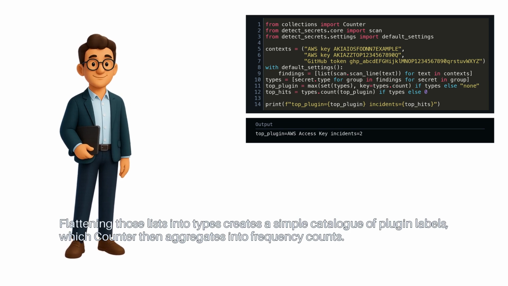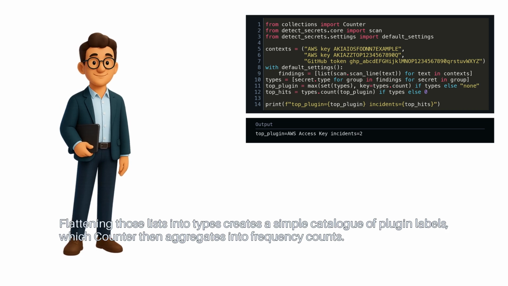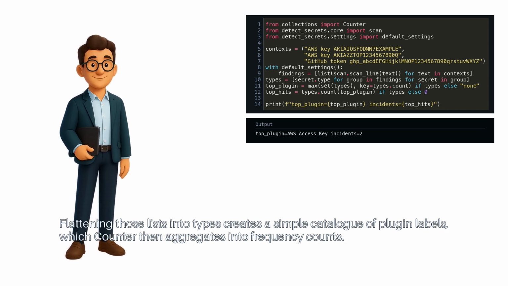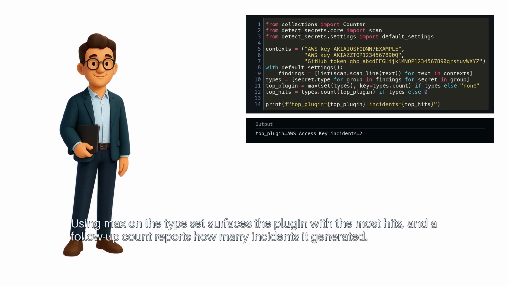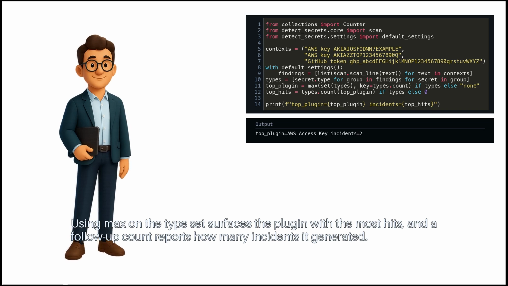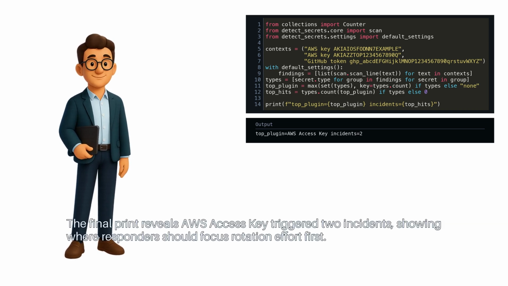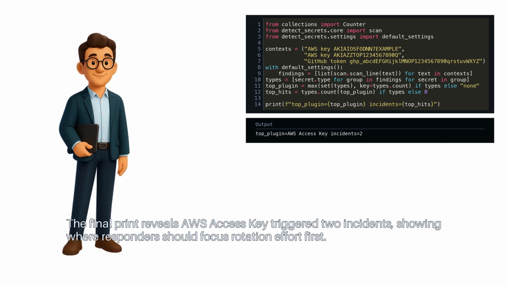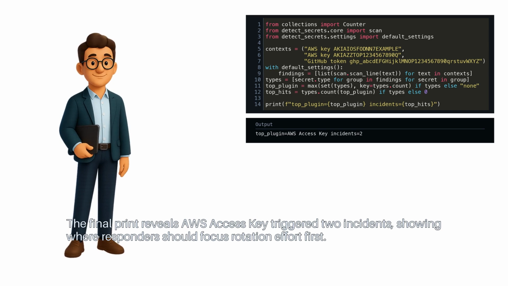Flattening those lists into types creates a simple catalog of plugin labels, which Counter then aggregates into frequency counts. Using max on the type set surfaces the plugin with the most hits, and a follow-up count reports how many incidents it generated. The final print reveals AWS access key triggered 2 incidents, showing where responders should focus rotation effort first.